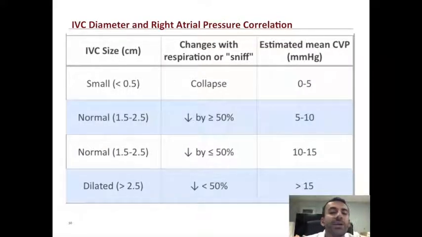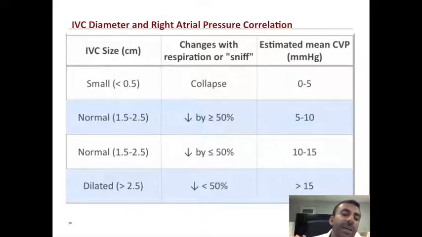This table here shows you the actual ranges. If you have a very small IVC, less than 0.5 centimeter, and it collapses, that's a very low CVP, 0 to 5. If your IVC is relatively normal in size, about 1.5 to 2.5 centimeters, and it collapses greater than 50%, that's a CVP of 5 to 10.